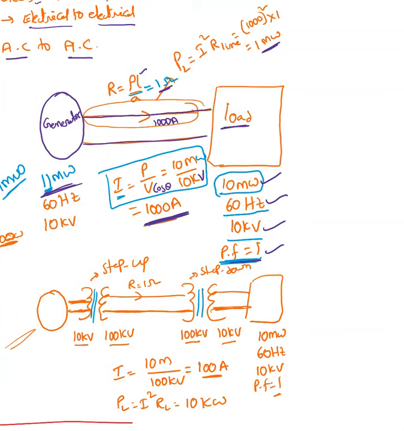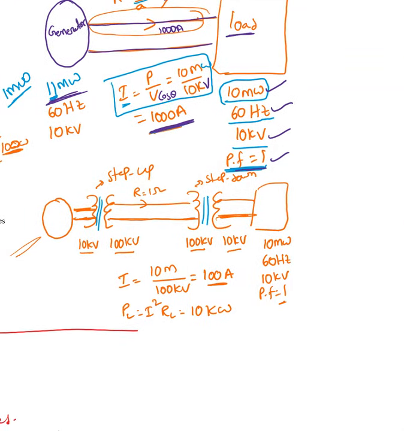Now, to minimize the losses, I'm going to introduce a transformer. So here is the same system, 10 megawatt load, 60 hertz frequency, 10 kV line, and power factor is unity. What I'm doing here is using two ideal transformers. Usually a transformer is indicated with two coils. If you see these lines in the middle, that indicates an ideal transformer. The first transformer, I keep very close to the generator.